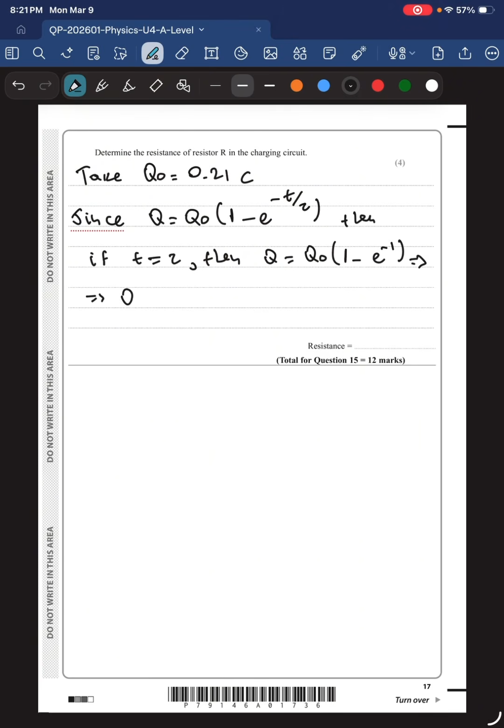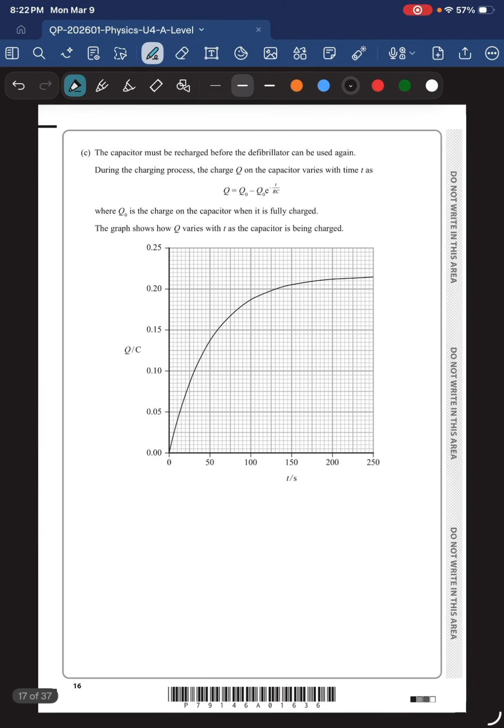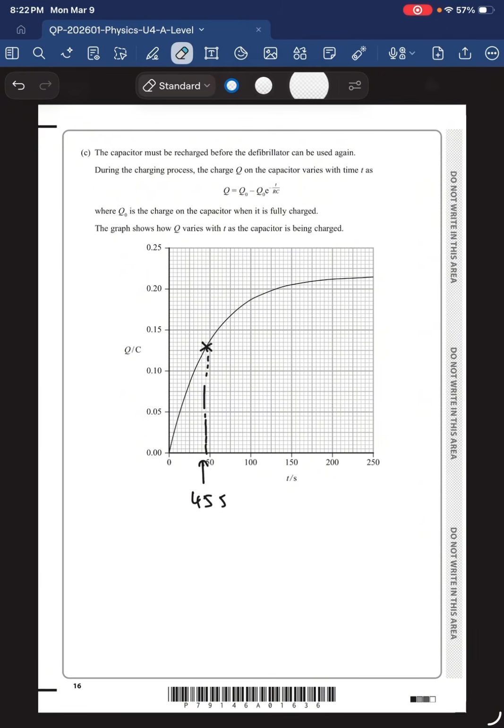So, which means that Q is 0.63 Q naught. Okay, which means that Q is 0.13 coulombs. And then we go to the graph and we find where 0.13 coulombs is, which is that point over there, okay, which corresponds to 45 seconds. I'm sorry, wrong English, forgive me.